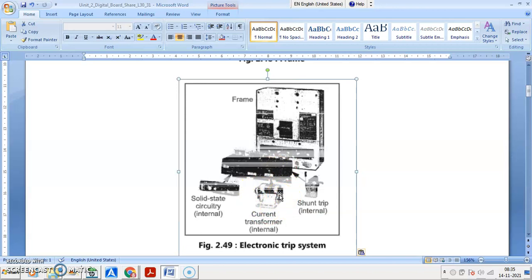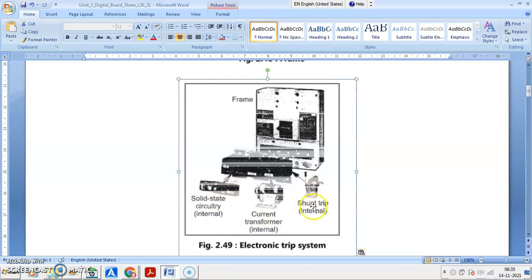Then you have the electronic circuitry PCB that interprets inputs and makes a decision based on comparison with predetermined values. So you have solid state circuitry PCB and comparison type devices in the communication system.